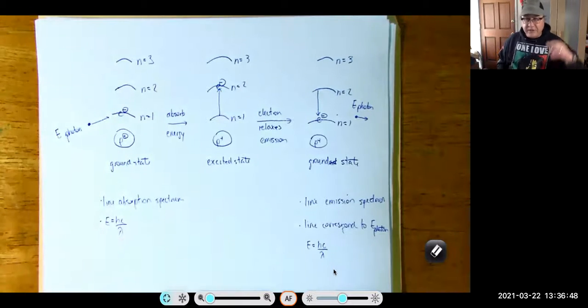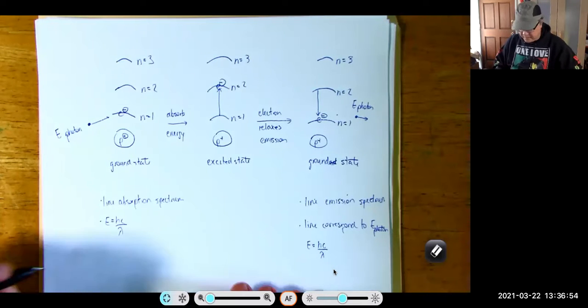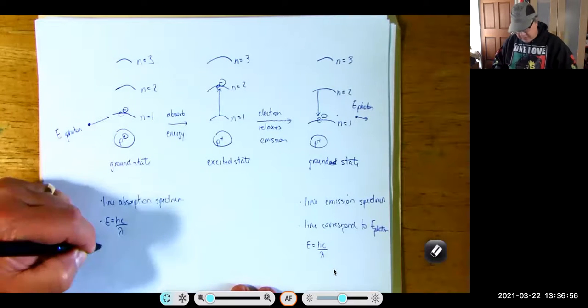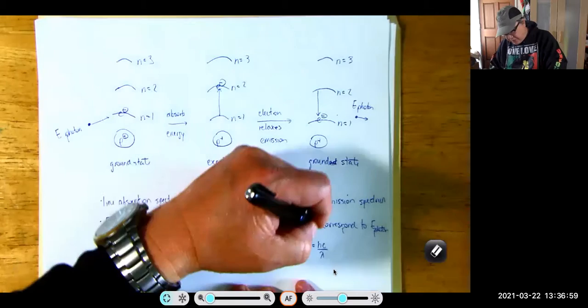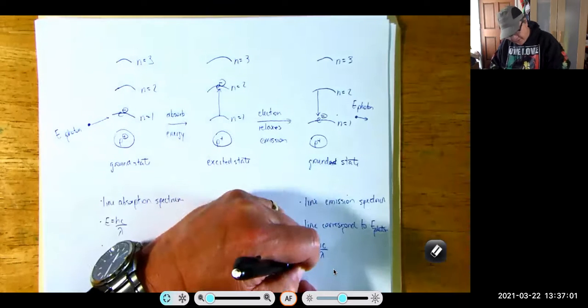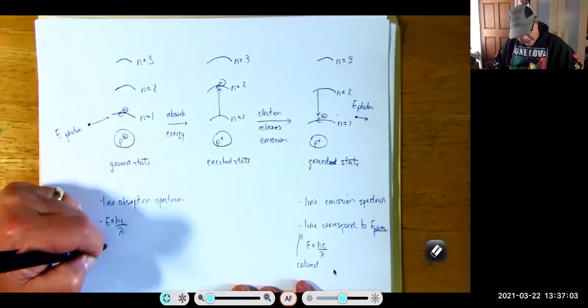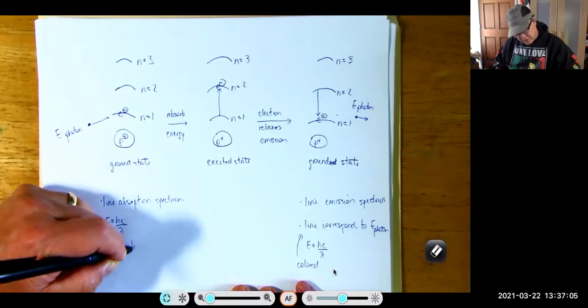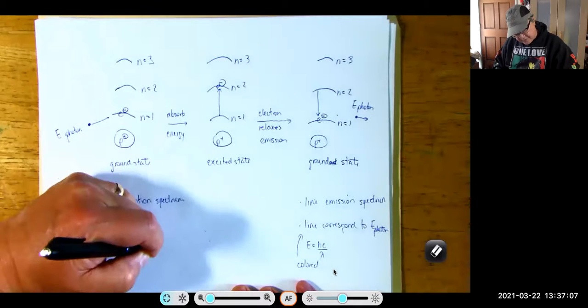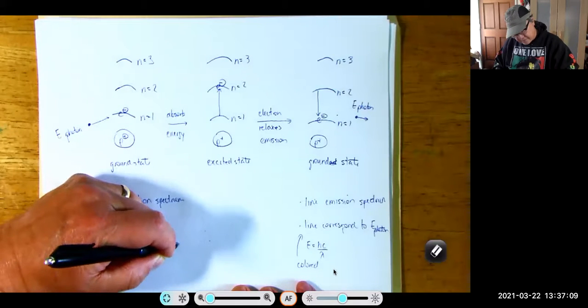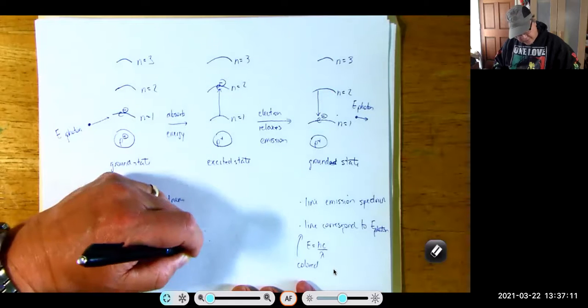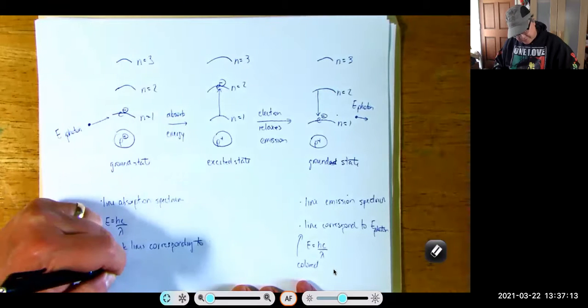So you would see these little black lines in your absorption spectrum. So here, these are colored lines. And here you would have black lines corresponding to wavelengths absorbed.